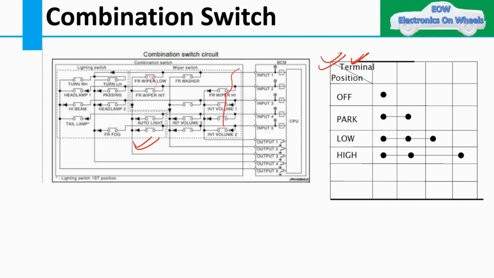We will show the terminal positions in this, and the positions will be shown column-wise. What does it mean? Suppose terminal 1, terminal 2, terminal 3, terminal 4, terminal 5, terminal 6, terminal 7, terminal 8 of that combination switch. This side would be the terminal, and here it would be the position.